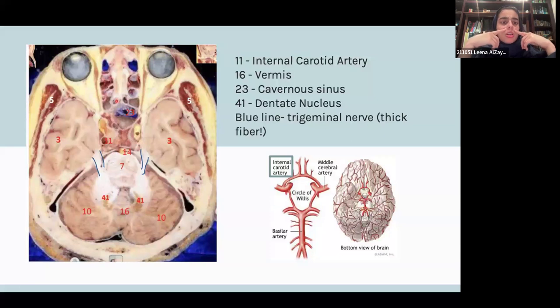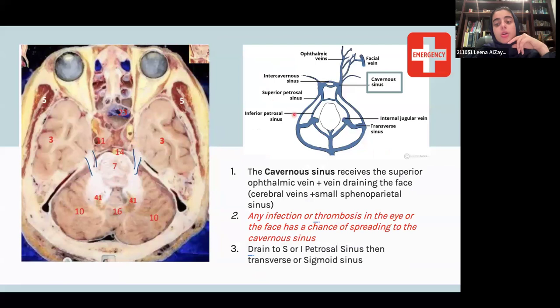Any infection or thrombosis in the eye or the face has a chance of spreading into the cavernous sinus, because it collects. So over here, this is the cavernous sinus, what we see in 23. It drains the ophthalmic vein from the eye and the facial vein from the face. So any infection that goes here can spread in the cavernous sinus.